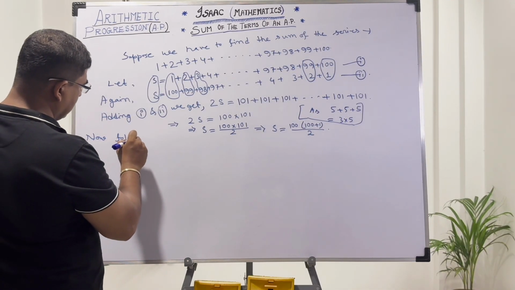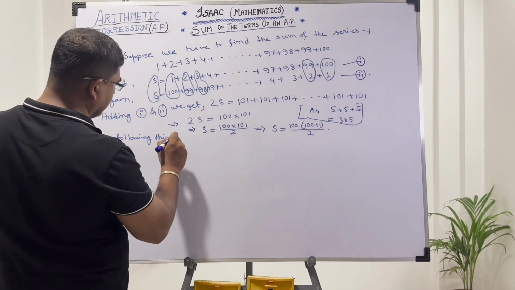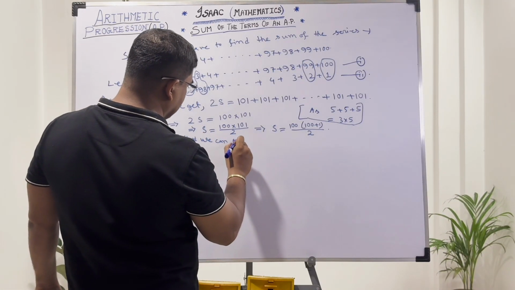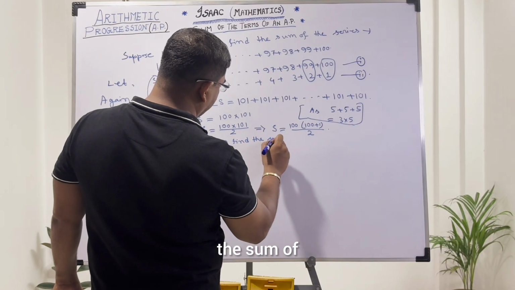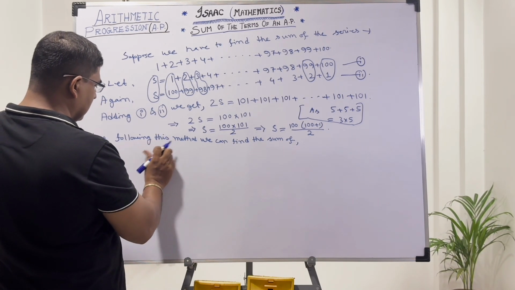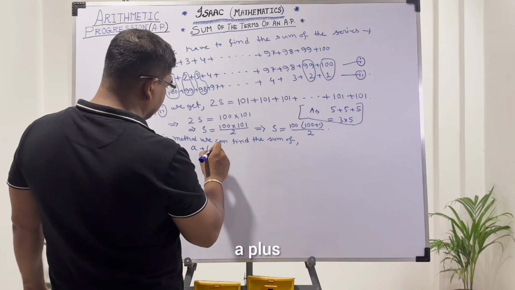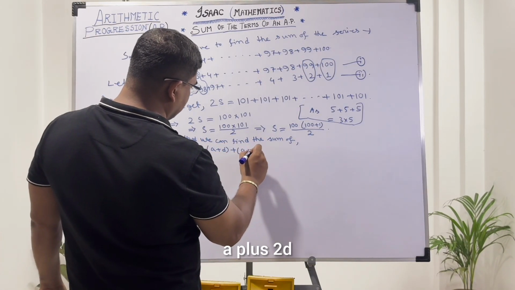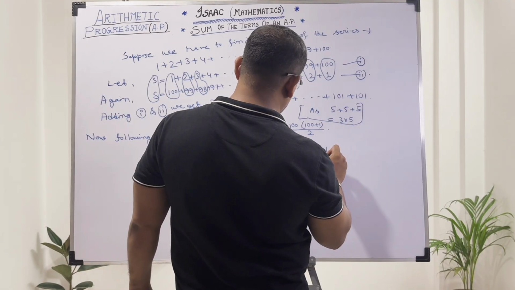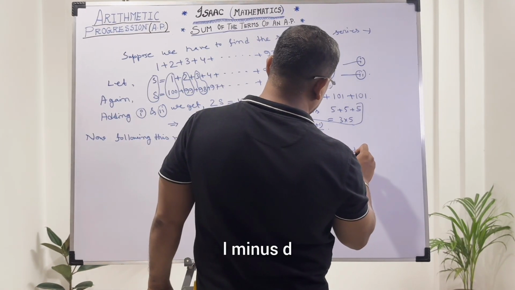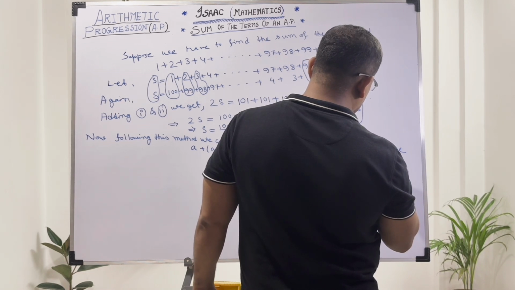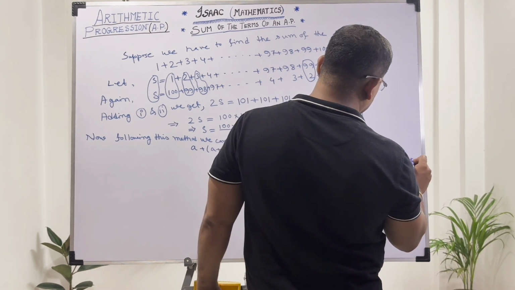now by this method we can find the sum S of the terms a, a plus d, a plus 2d, plus continuing plus l minus 2d, l minus d, plus l, where l is the last term.